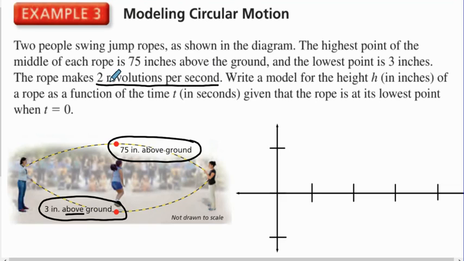So that is actually in terms of frequency. We want to write a model for the height in inches of a rope as a function of time, given that the rope is at its lowest point when t equals 0.